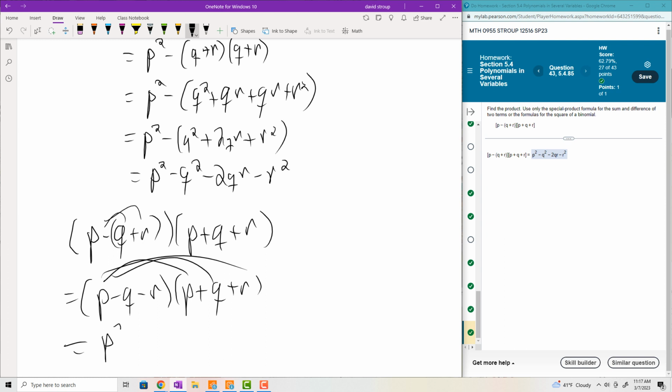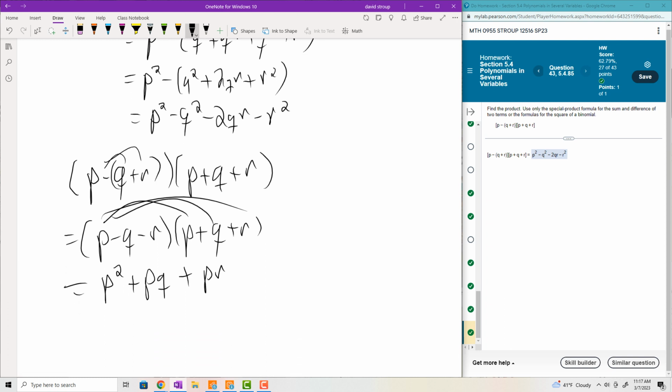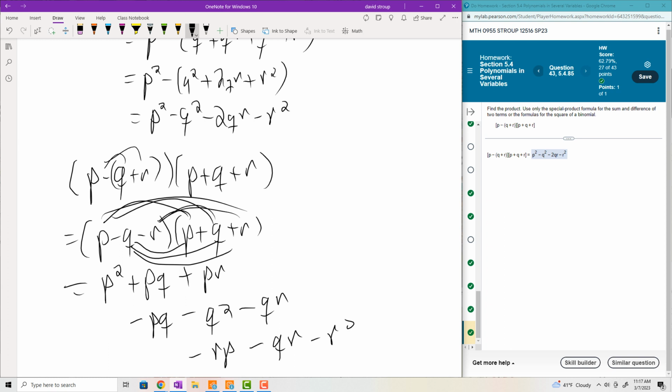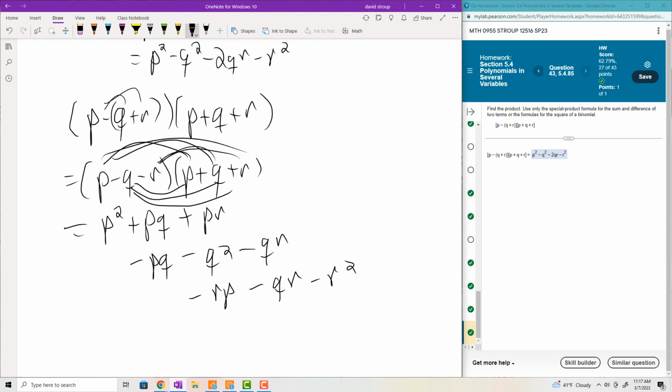So p times p is p squared, plus p times q, plus p times r, and then distribute the minus q, so minus p times q right there, and then minus q squared, and then minus q times r, and then the r portion, so minus r times p, or p times r rather, minus q times r, minus r squared.